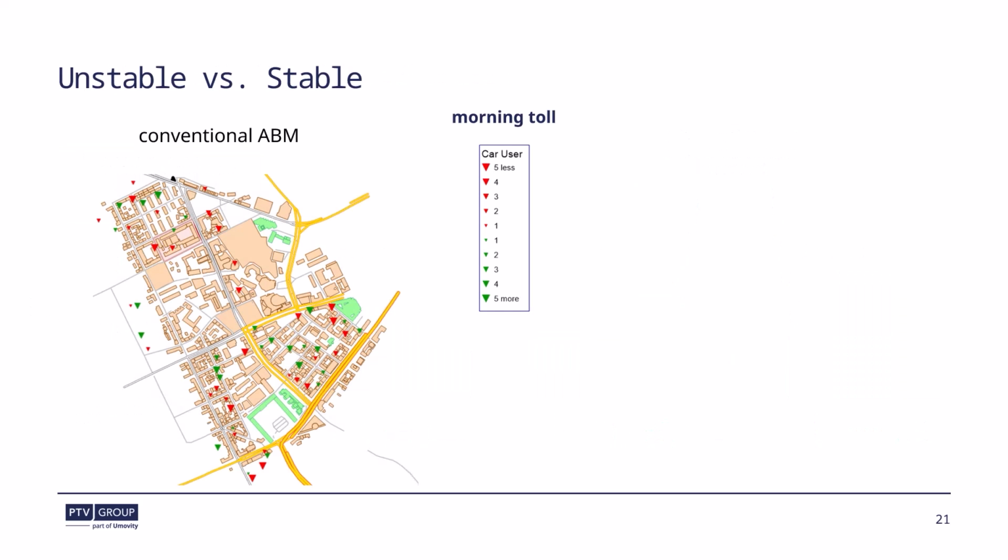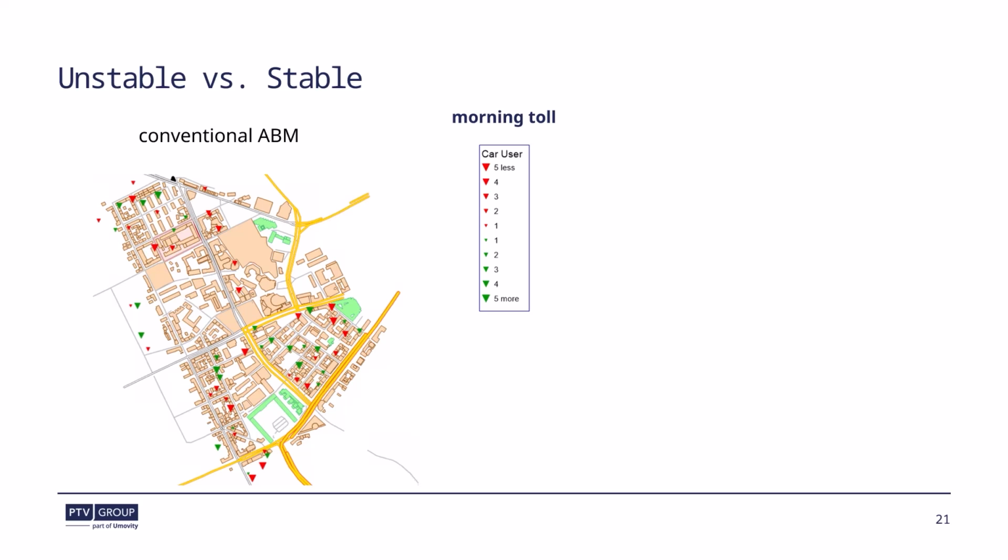With this method, we get a completely stable system. There's actually no random noise at all anymore in this system, in this choice process, and we can very well compare base cases with scenarios. And I will show you here what happens if we don't use this stability, if we run a conventional ABM and we run a scenario.